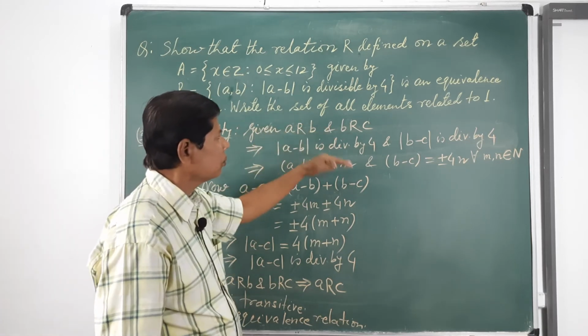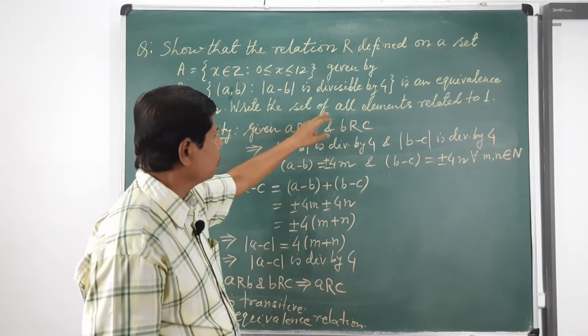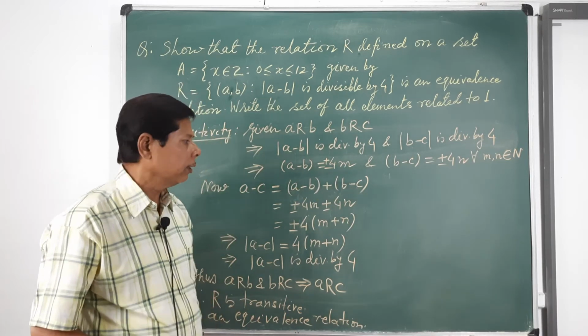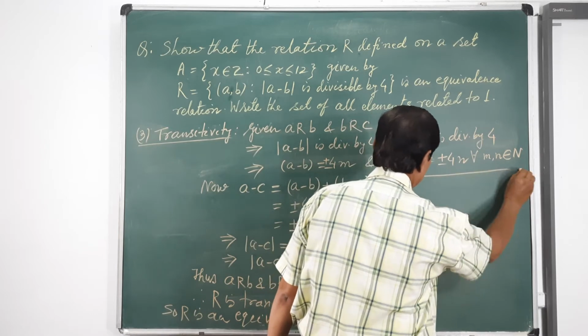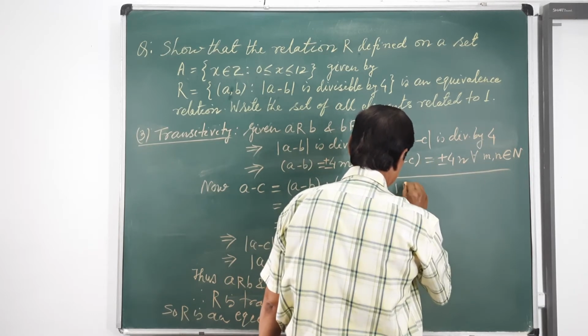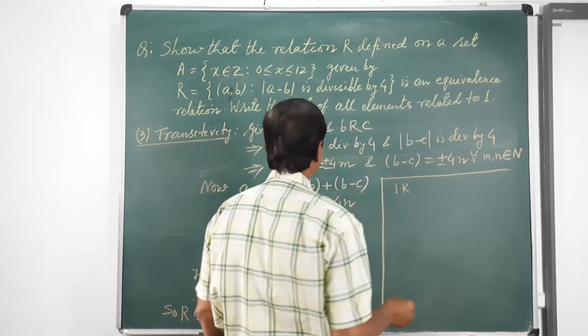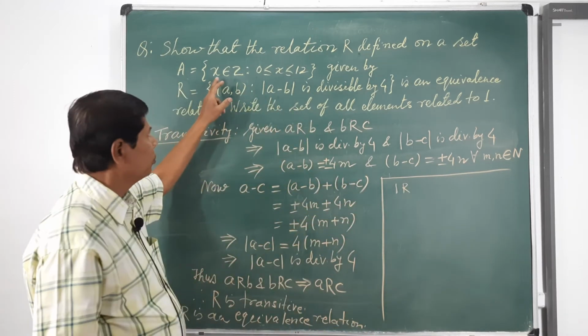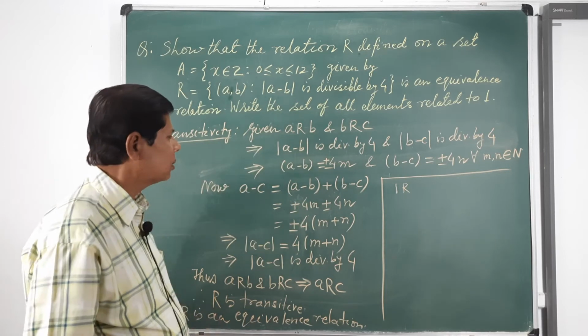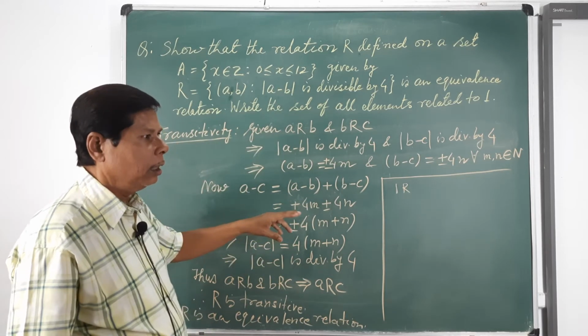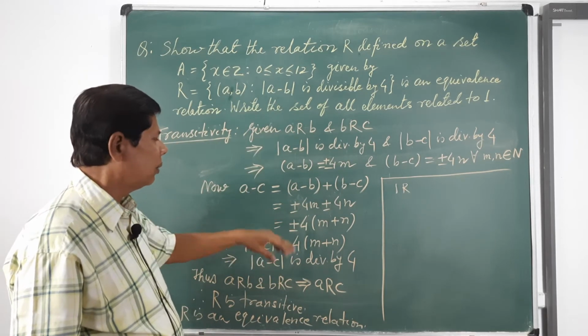Now the second part of the question is: write the set of all elements related to 1. So, here all the elements are to be taken from 0 to 12, all the elements whose difference is equal to a number which is a multiple of 4.